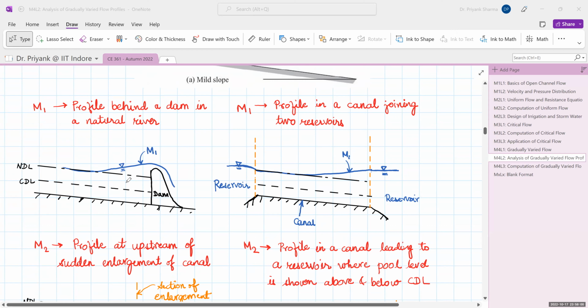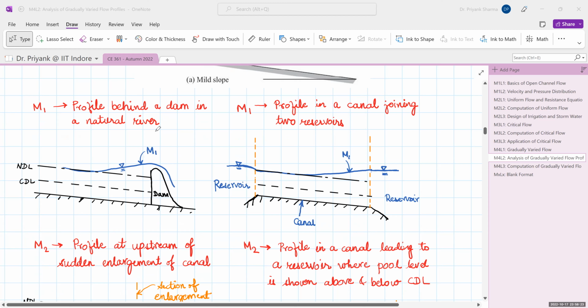If you have actual data, which you will see in the next lecture, we can compute it and plot all these profiles. So you have this M1 profile because a backwater curve is being formed, where dy by dx is positive and it is in a subcritical zone upstream of the dam.